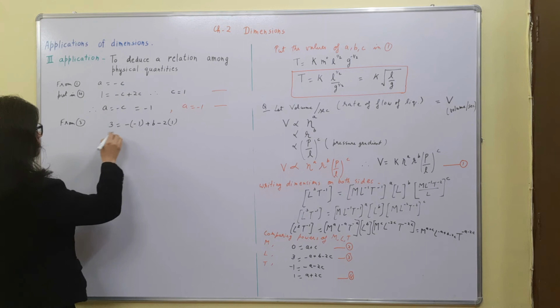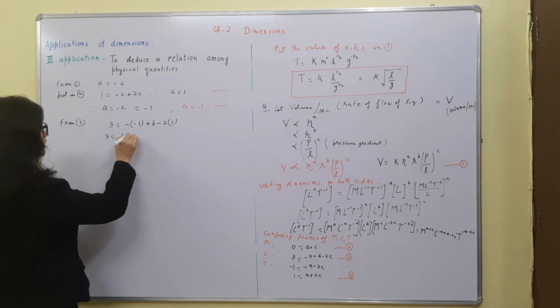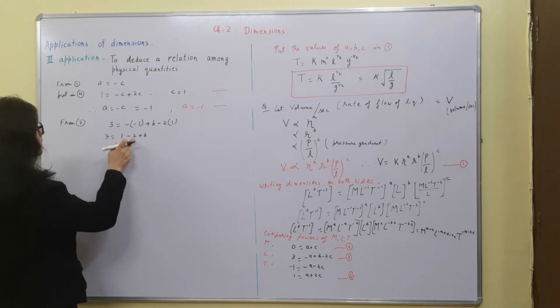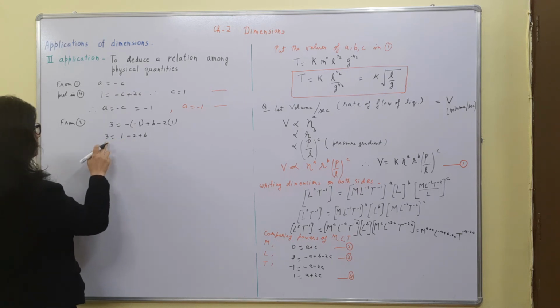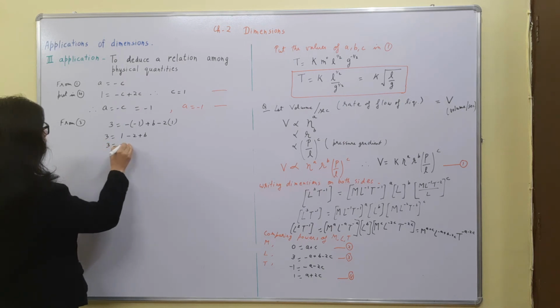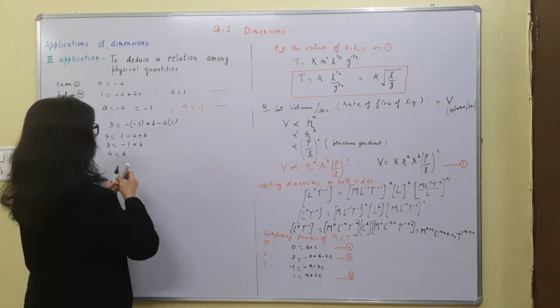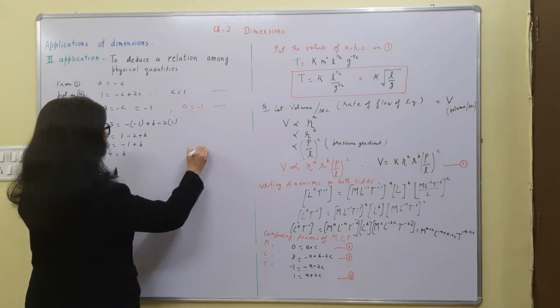So this comes out to be 3 is equal to 1 minus 2 plus b. That means this minus 1 will go here, it will become 4. So 4 is equal to b. That means b is equal to 4.